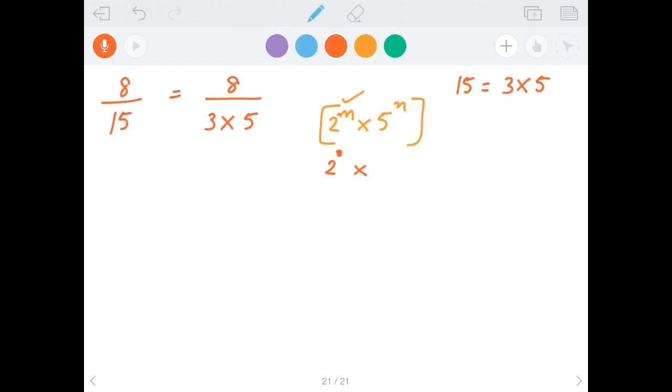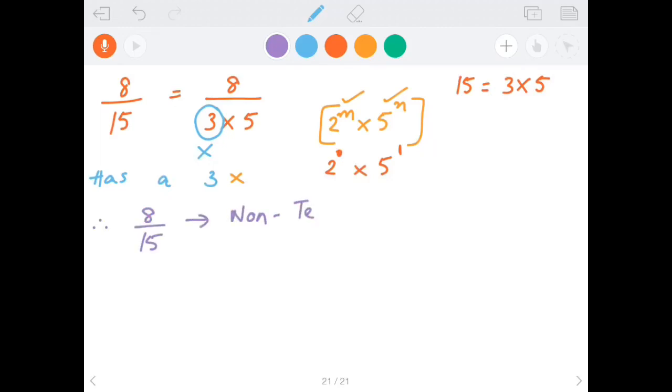It also has a 2 in the form of 2 power 0. It also has a 5 power 1, but if you notice, it also has a little culprit there called the 3. Since you have an additional number apart from 2 and 5 in the denominator, this number becomes a non-terminating but recurring number.